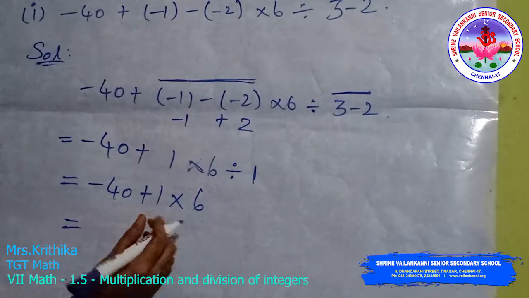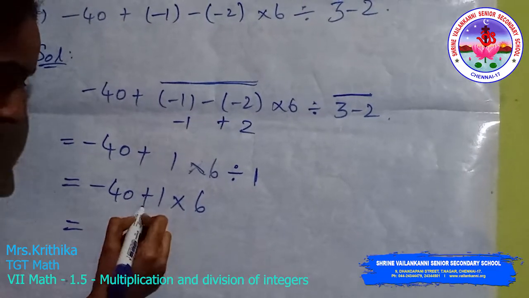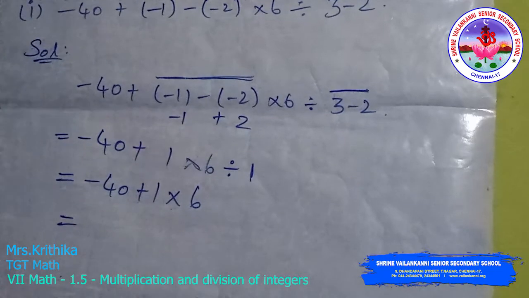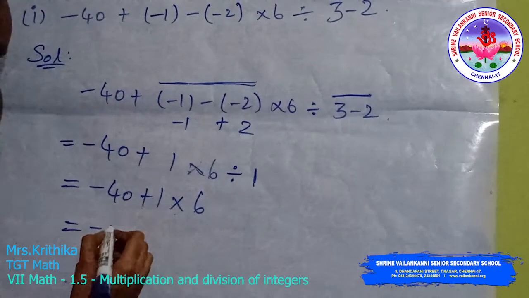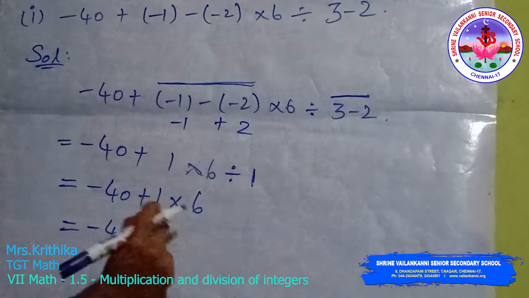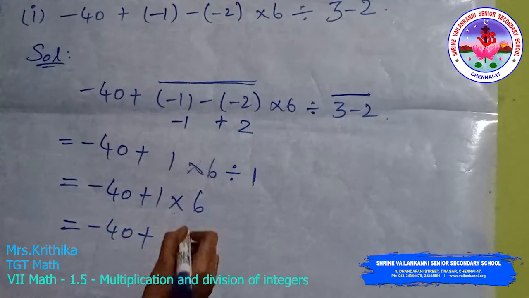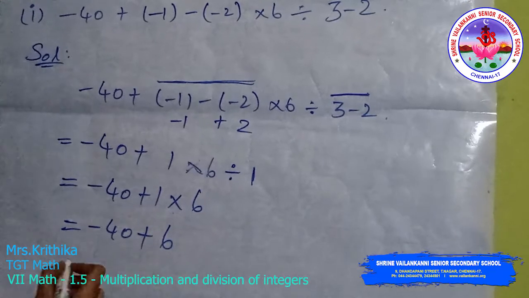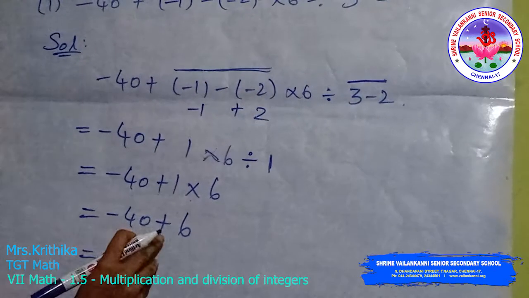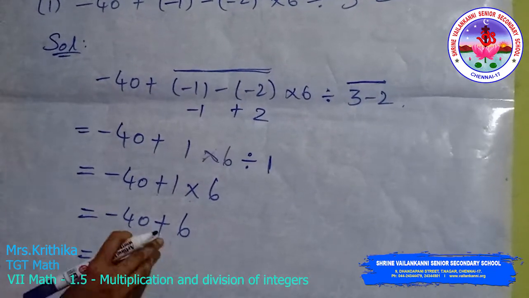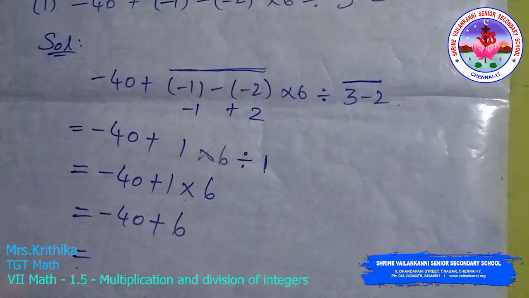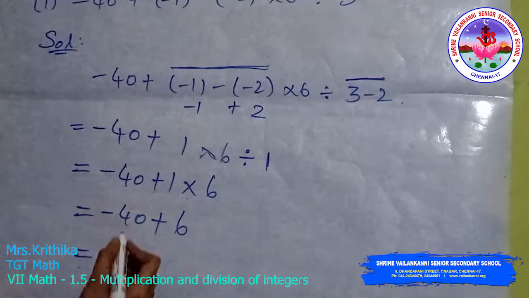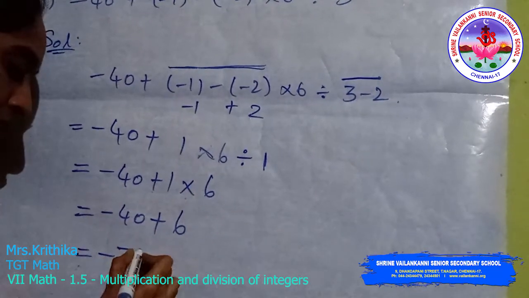Next, here two operations, one is addition, another one is multiplication. The next priority goes to multiplication. Minus 40 plus 1 into 6 is 6. Minus 40 plus 6. The next operation is addition. Minus 40 plus 6, the value is minus 34.